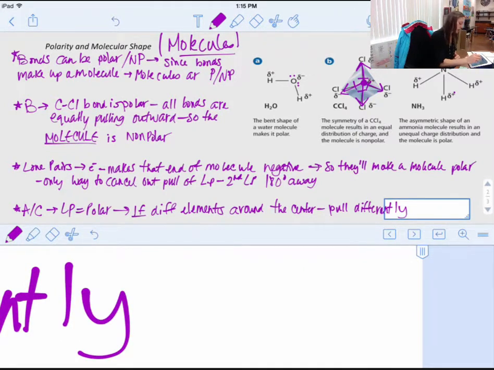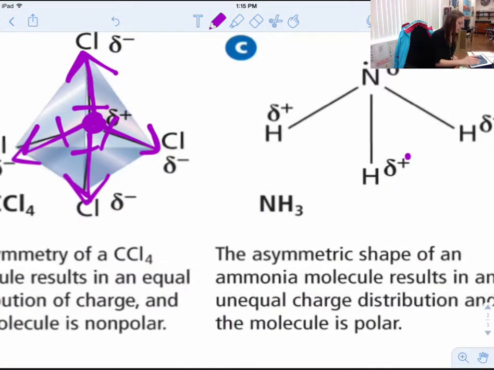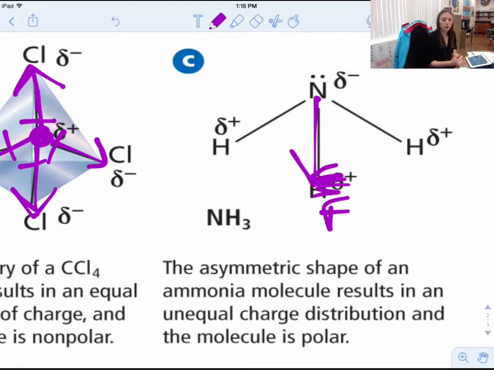So if we would change, say, letter C here, instead of being an H here, we're going to make this, I don't know, a fluorine. That's totally going to make everything different because this is going to pull differently than the other H's are going to pull. So since it's going to pull differently, now you're thinking tug of war.